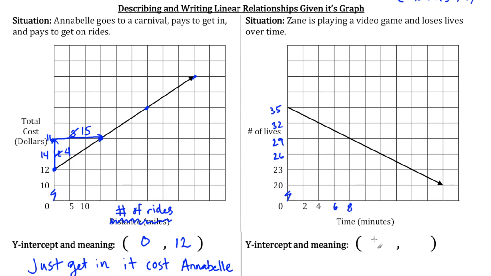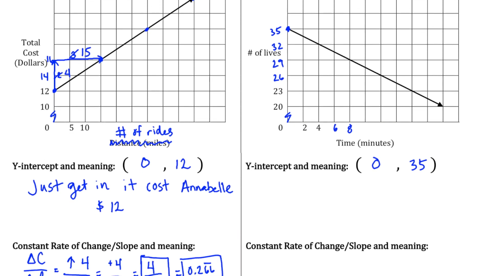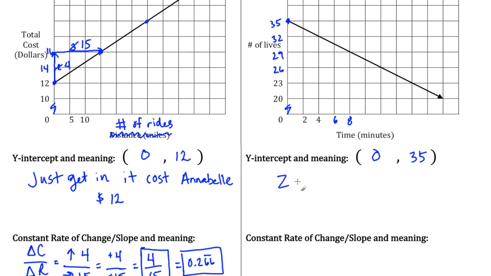So 0 comma 35. So he's playing a game, he's losing lives. So Zane starts off with 35 lives.